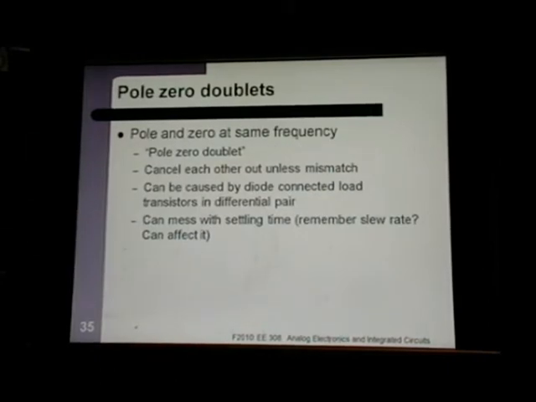There's a couple of special cases. There's a pole and zero at the same frequency, and what that does is basically cancels each other out in the ideal case. On a simulator, unless you do Monte Carlo or something like that, they'll just cancel each other out if you have them at the same frequency.